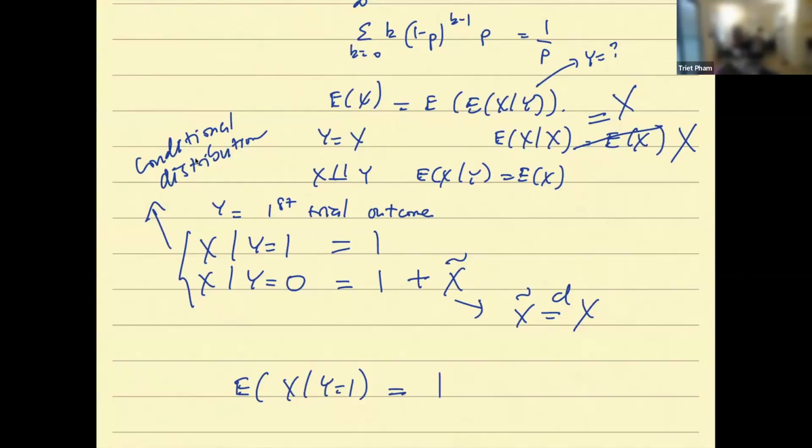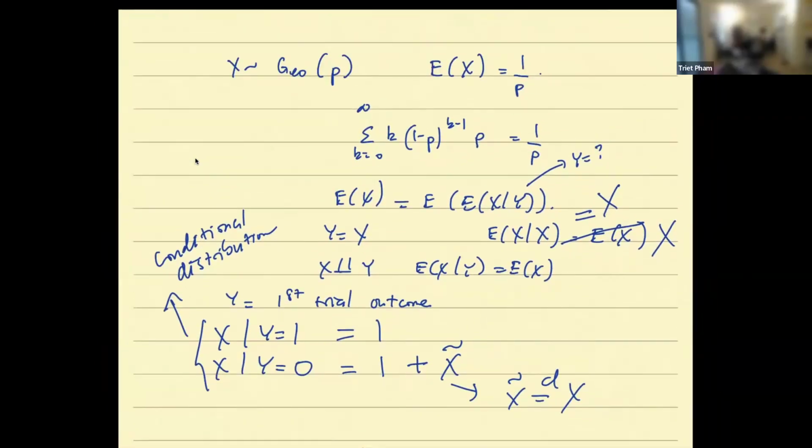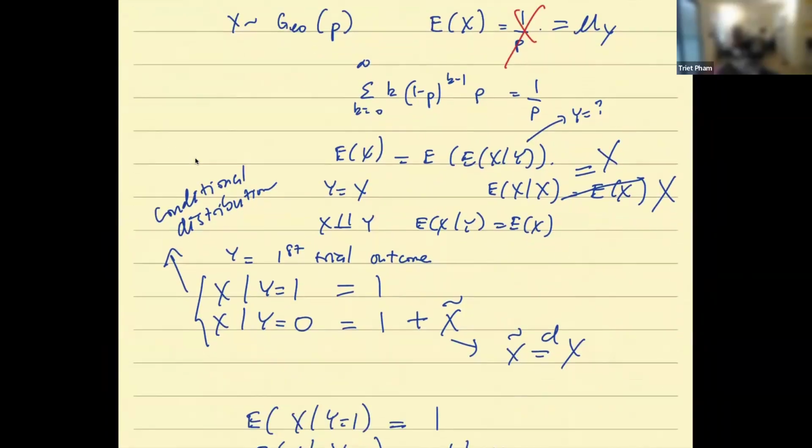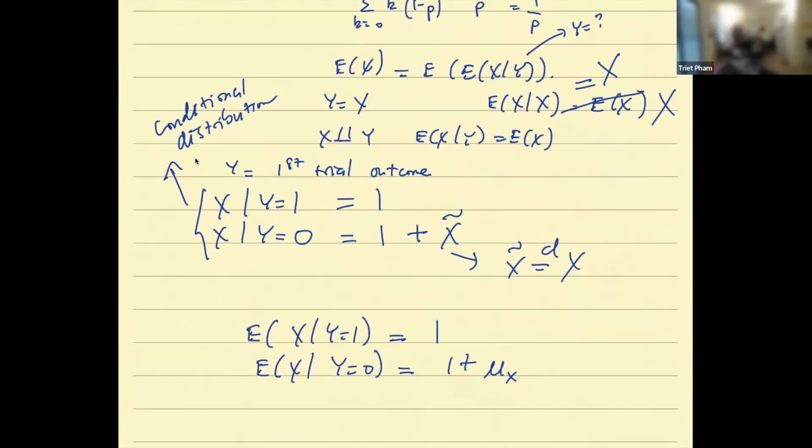And the conditional expectation of X given Y equals 0 is 1 plus mu X. Well, mu X is this mysterious value I'm looking for. I'm pretending I don't know what that is. Just call it mu X. Any question?